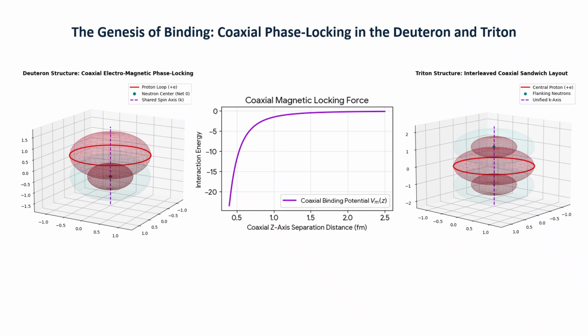Triton, when we add another neutron, becomes really interesting. The proton is sort of the sandwich that you see there on the right hand side. Proton in the middle, 2 neutrons on the outside. They also lock, and they lock coaxially. It's sort of a calculation there of that coaxial binding potential, where it really goes to 0 when the distance becomes too large, which is kind of normal.